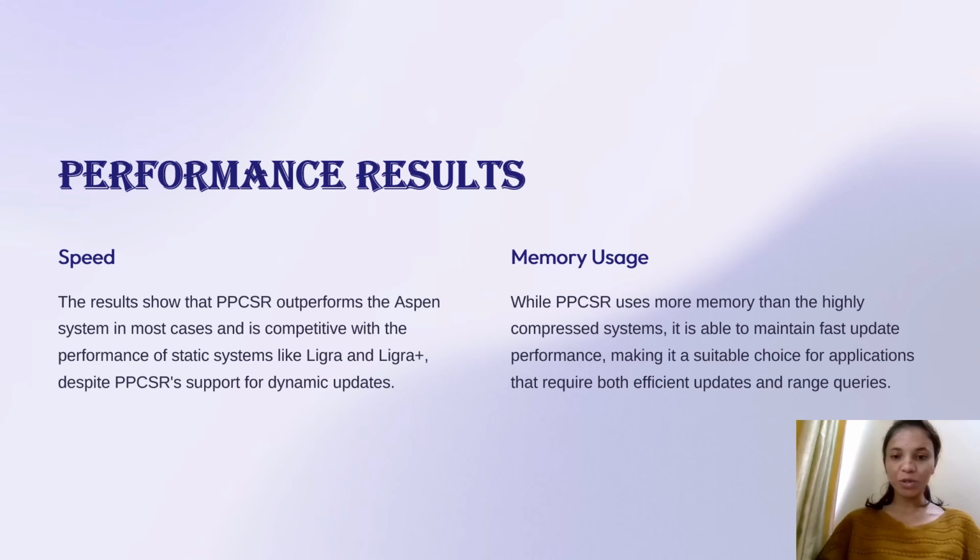The next is memory usage. While PPCSR uses more memory than the highly compressed systems, it is able to maintain fast update performance, making it a suitable choice for applications that require both efficient updates and range queries.